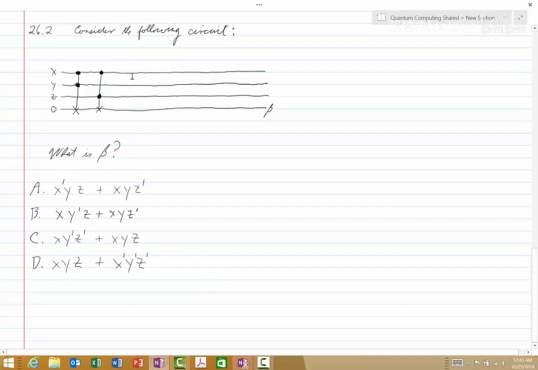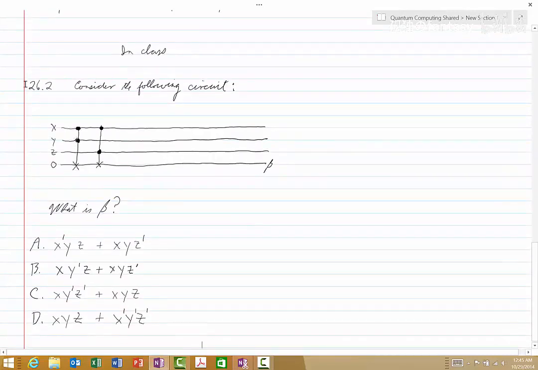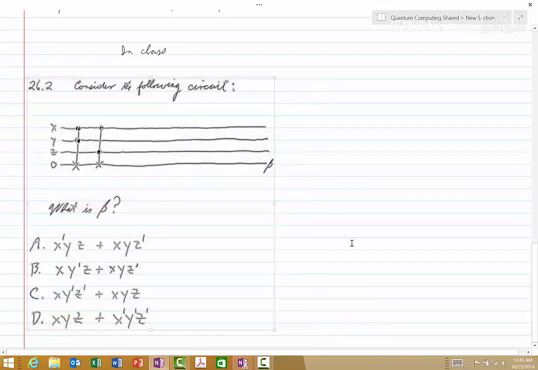And you will remember that I gave you the hint that you might want to use the approach of just having a truth table, and that way you could identify what beta is. Now I want to show you another approach that is more efficient.